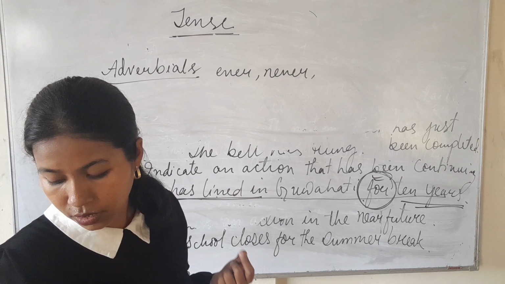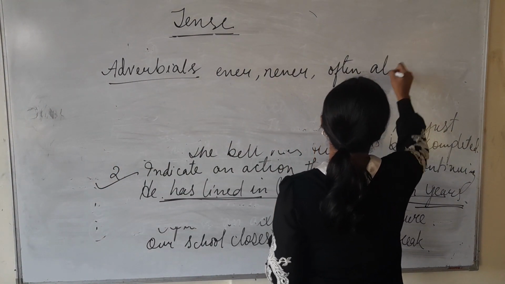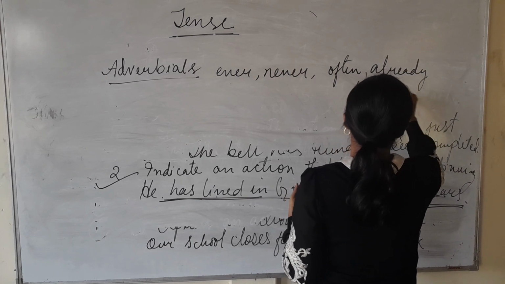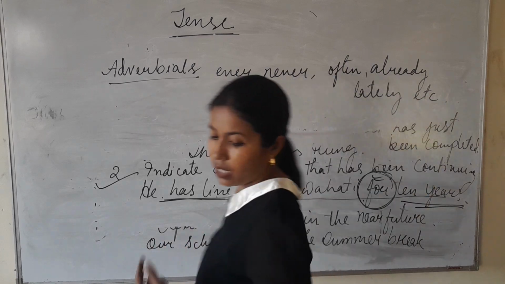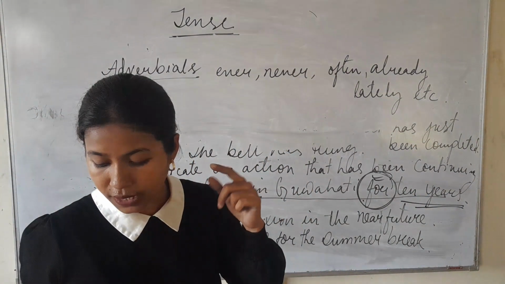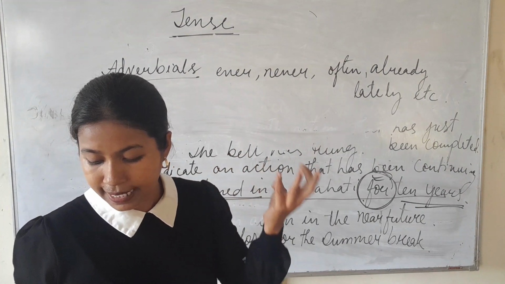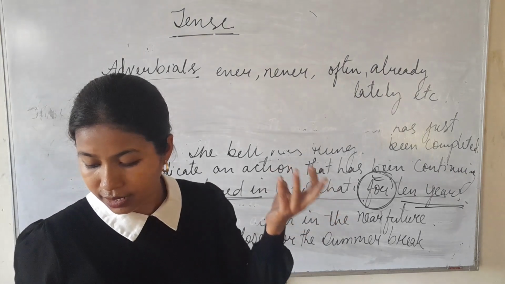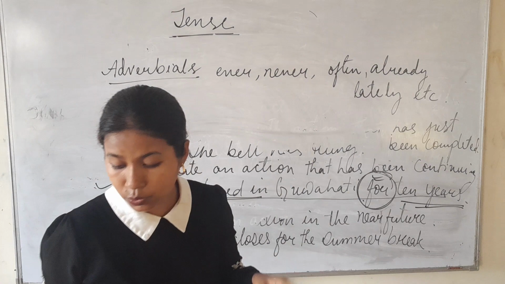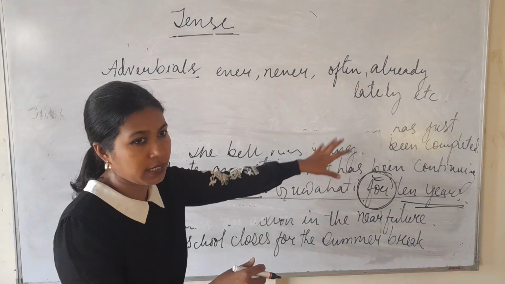Ever, never, then we have often, already, lately, etc. Then we also have some more adverbials like since yesterday, since last month, for the last month. Then we have today, tonight, this week.